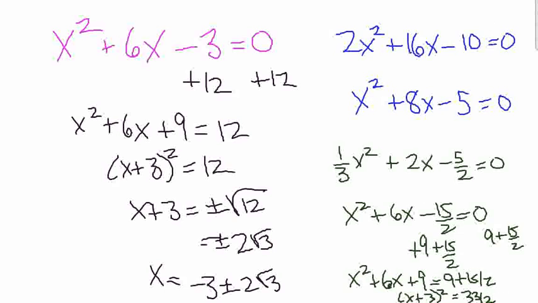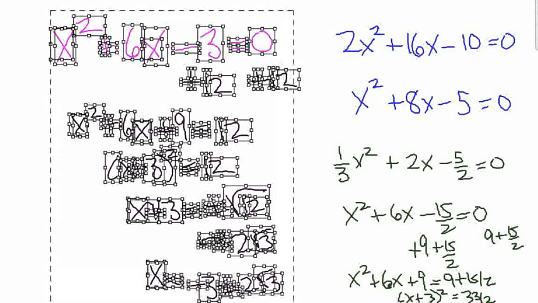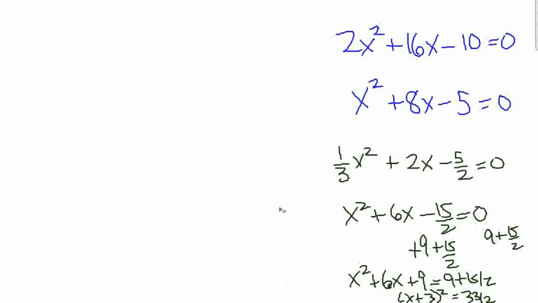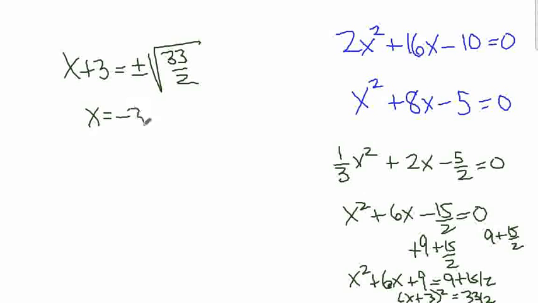So putting it all together, take the square root of both sides. x plus 3 is equal to plus or minus the square root of 33 over 2. So x is minus 3 plus or minus the square root of 33 over 2.